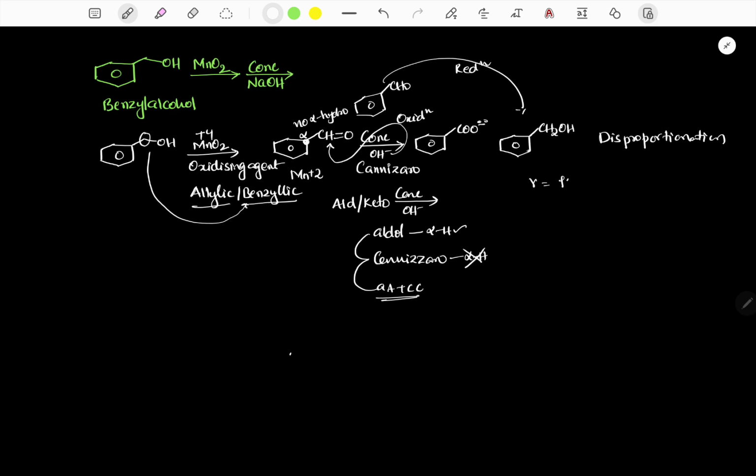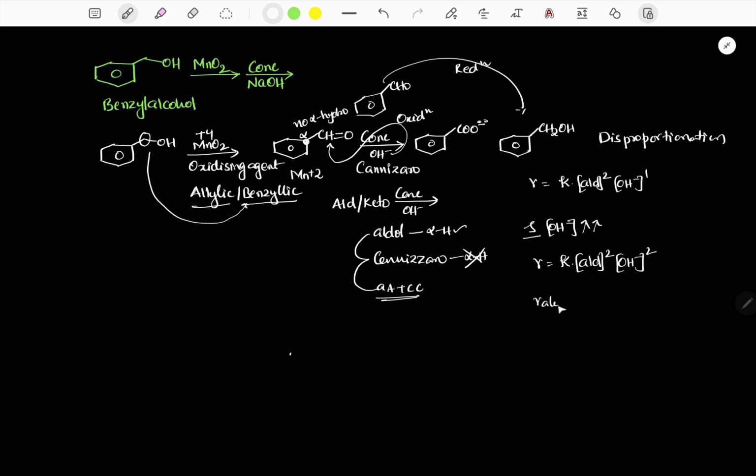Rate of Cannizzaro is K into aldehyde to the power 2 into OH minus to the power 1. In the special case of very high concentration of OH minus, pH almost 13 to 14, rate is equal to K into aldehyde to the power 2 into OH minus to the power 2.